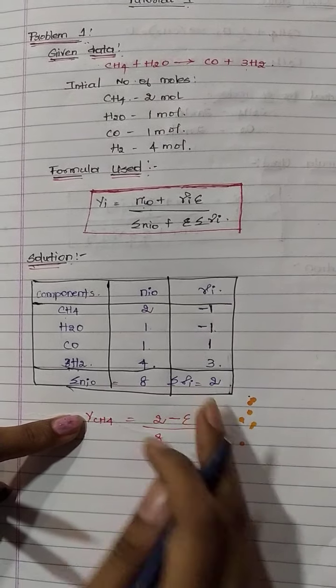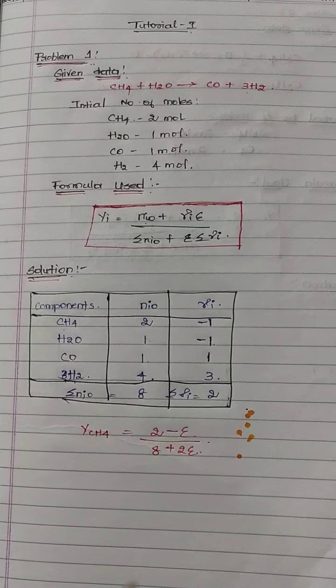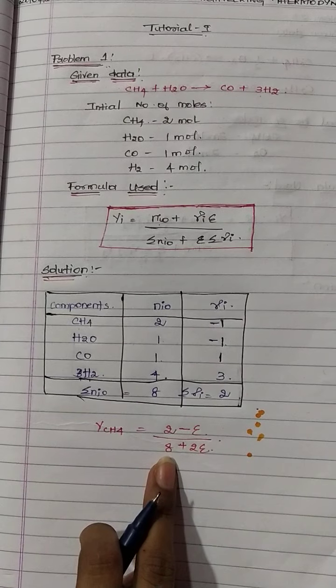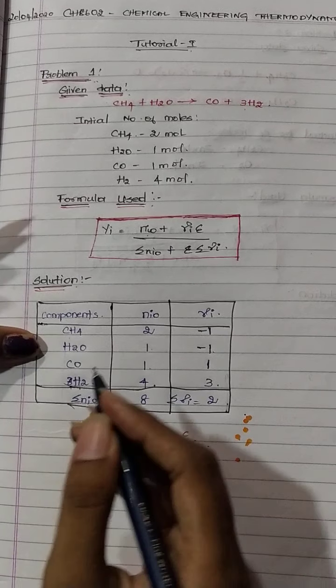Summation nu I is 2, so plus 2 epsilon. The mole fraction for all the components will have the same denominator. Once you come up with the denominator, you can copy it as such. This is one shortcut.